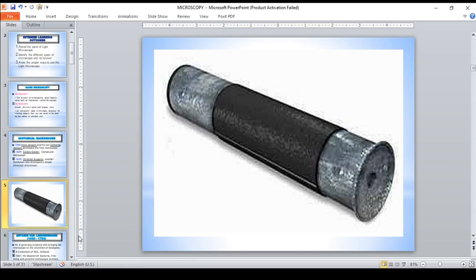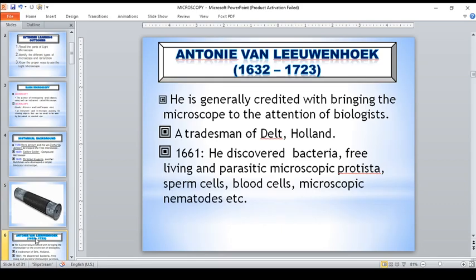Okay, let's proceed with the next slide. So we have here a simple microscope. This was a microscope that was developed long time ago. Anton van Leeuwenhoek is generally credited with bringing the microscope to the attention of biologists.